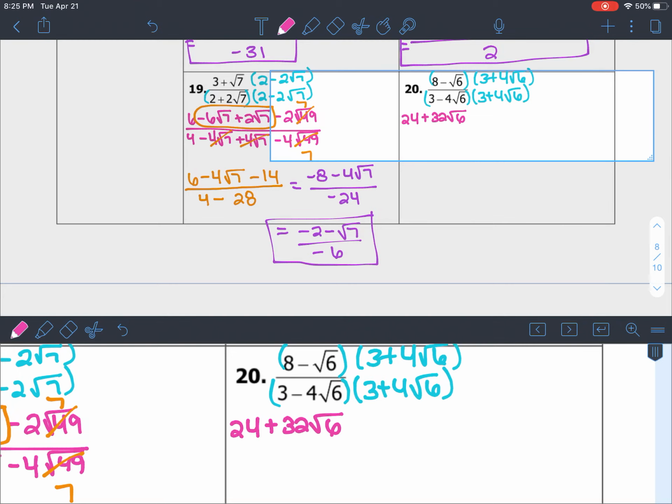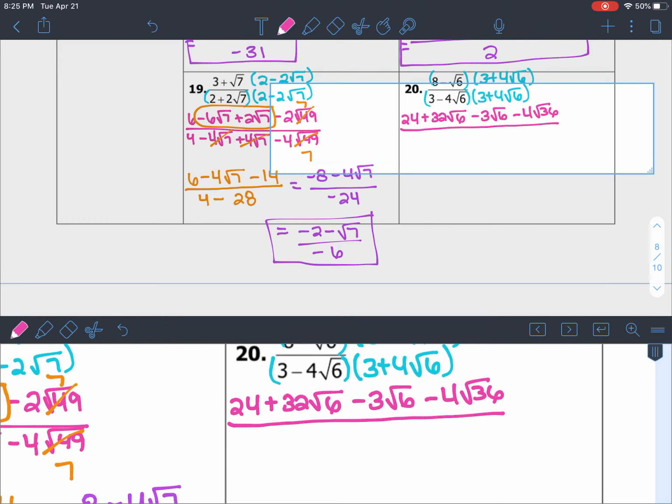Negative square root of 6 times 3 gives me negative 3 the square root of 6. And lastly, we're going to have negative 4 the square root of 36. On the bottom, we're going to have 9 plus 12 the square root of 6, minus 12 the square root of 6, minus 16 the square root of 36.